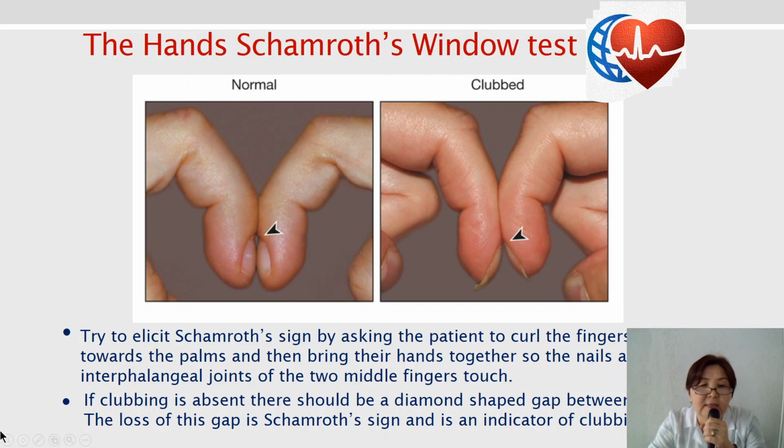If clubbing is absent, there should be a diamond-shaped gap between the two nails. The loss of this gap is Schamroth's sign and is an indicator of clubbing. Here you see there is no sign.